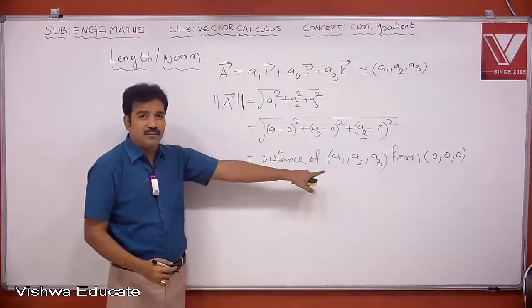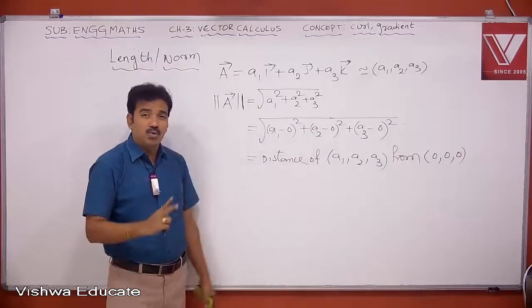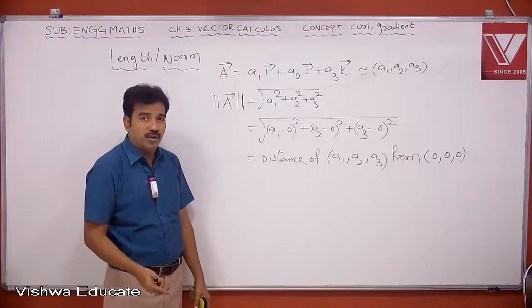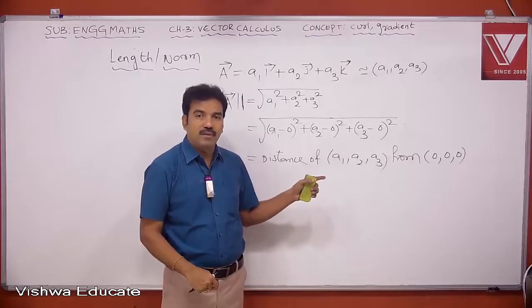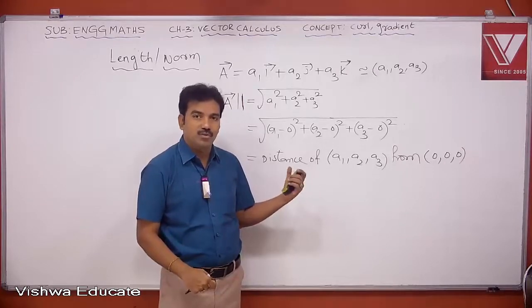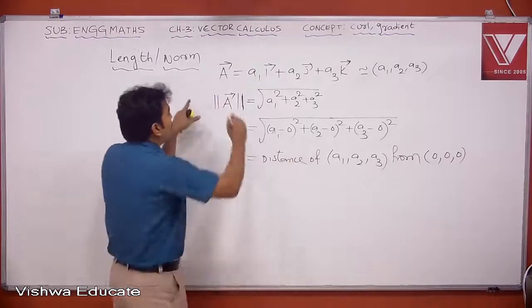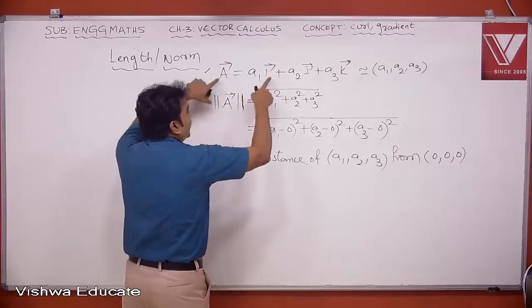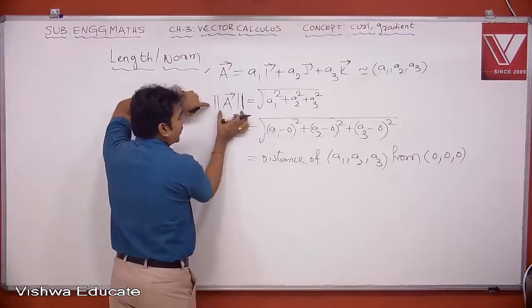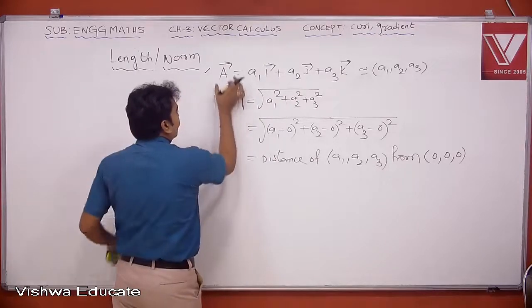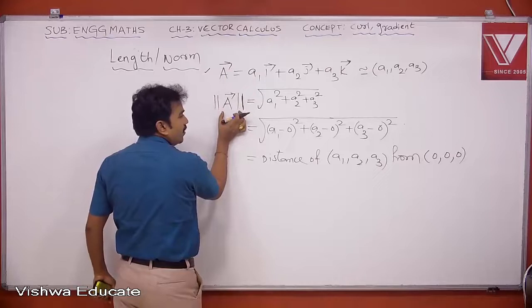We know the formula for the distance between two two-dimension points or two three-dimension points: square root of x2 minus x1 whole square plus y2 minus y1 whole square plus z2 minus z1 whole square. Therefore, whenever you take a vector like this, it is equivalent to a 3D point a1, a2, a3. This is the symbol we use to represent the length or norm of a vector a.